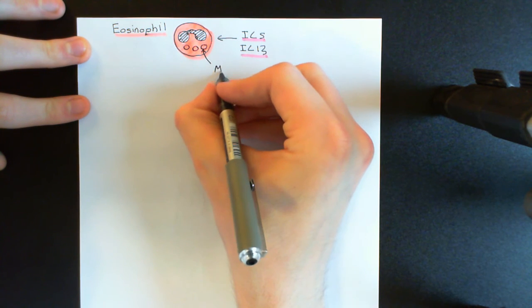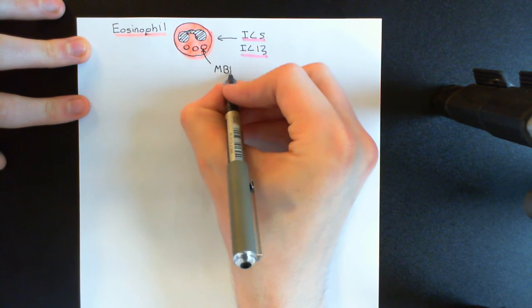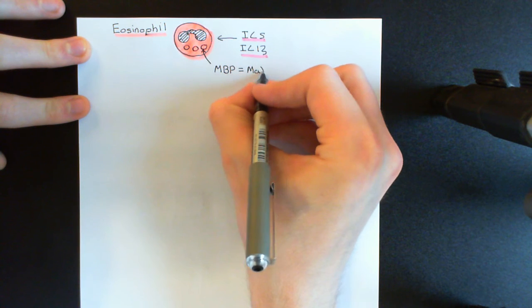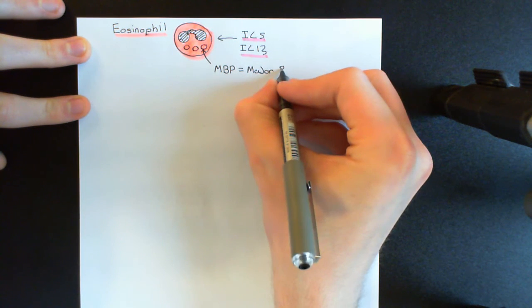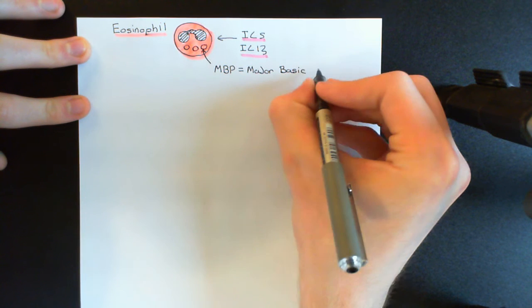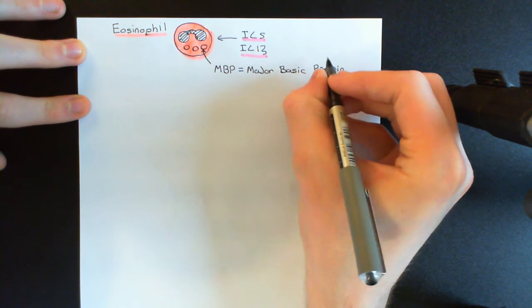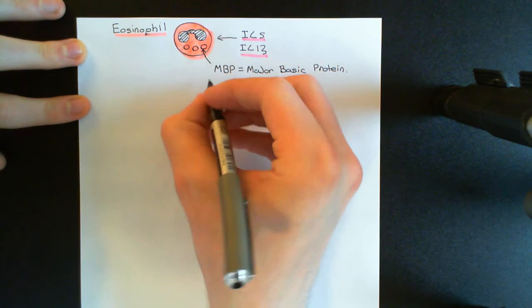To give some examples of the horrible proteins inside their granules, major basic protein, or MBP for short, is one example.